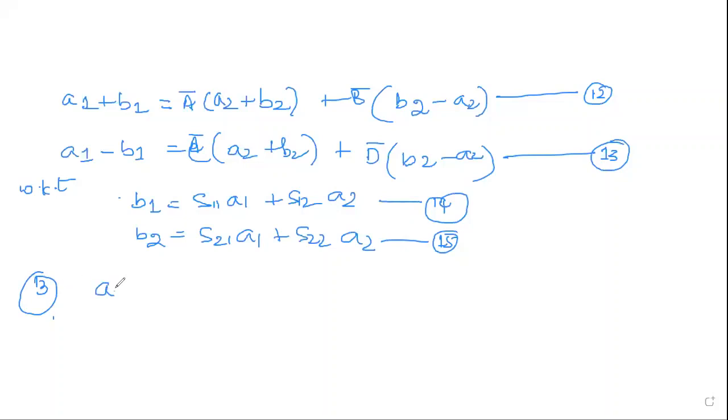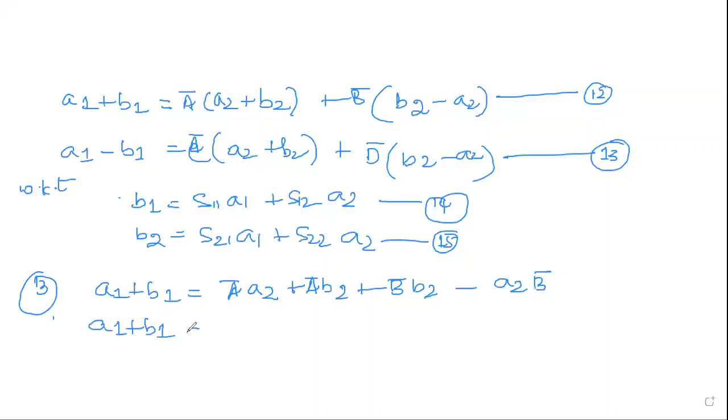Consider the 12th equation: A1 plus B1 is equal to A bar A2 plus A bar B2, plus B bar B2 minus A2 into B bar. So write in terms of A2.